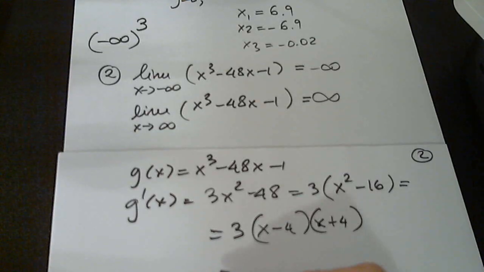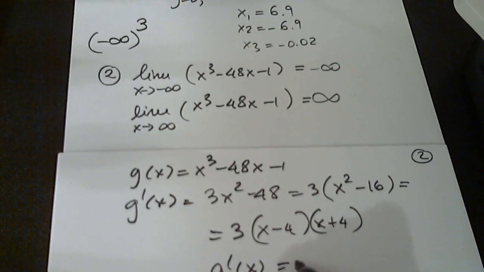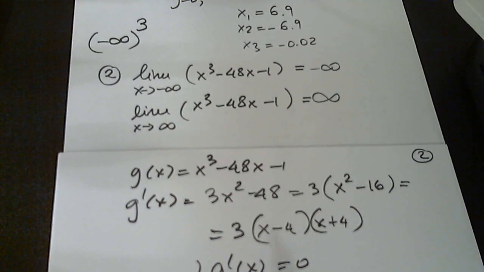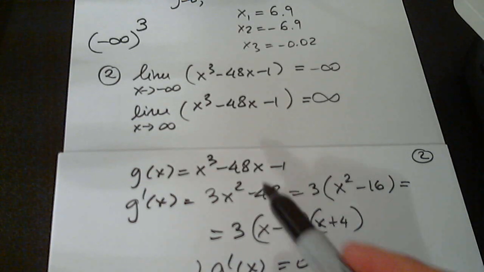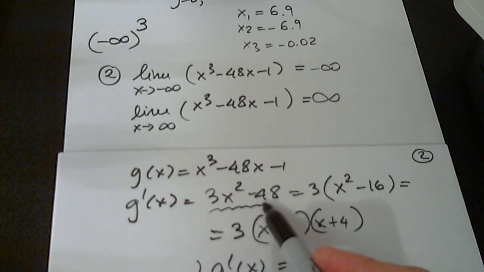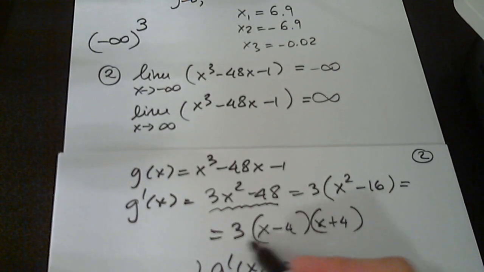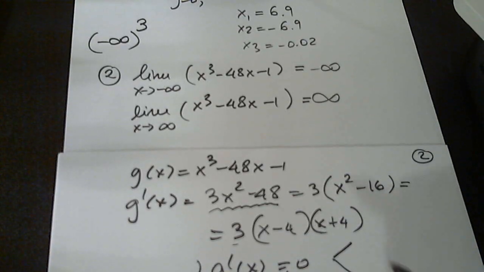Good. So now when I set g prime of x equal to 0, or g prime of x equals undefined, will I get anything from here? Can this ever be undefined? No. Good. So what do I get from g prime of x equals 0? I already have the factored form. I can already identify those.